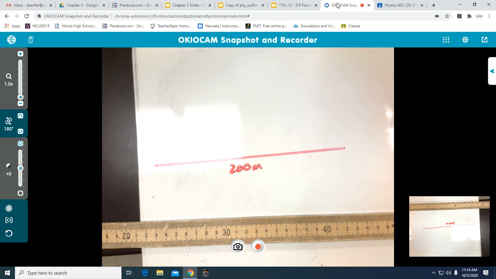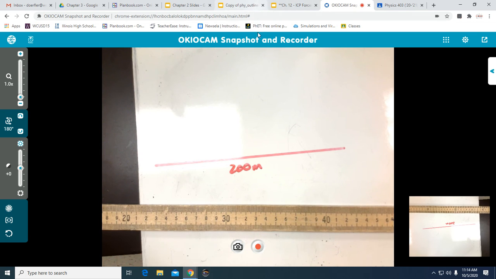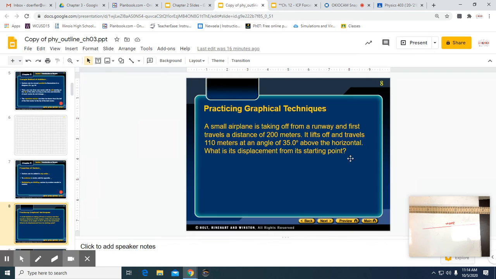And it says that once it reached the 200 meters, it took off for a total length of 110 meters before it made other adjustments, but we're not concerned about those. It also flew at an angle of 35 degrees above the horizontal. So, let's determine our angle here.